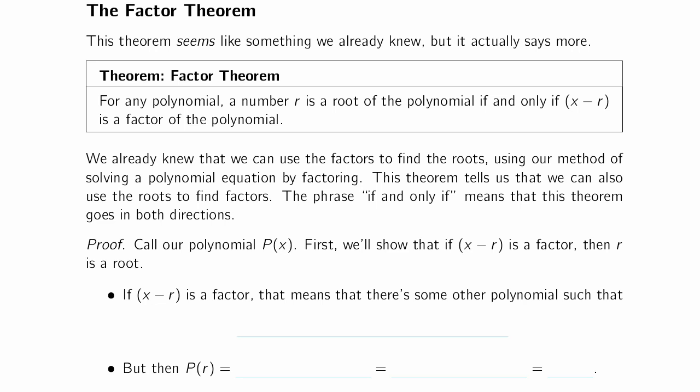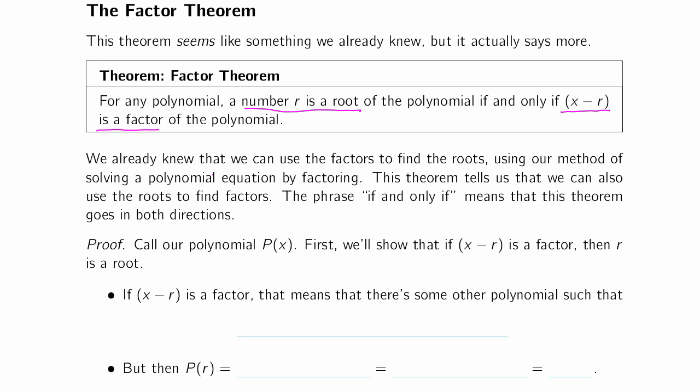What the factor theorem says is that a number is a root if and only if x minus that number is a factor. So, a number is a root if and only if x minus that number is a factor. We already knew that we can use factors to find roots, right?